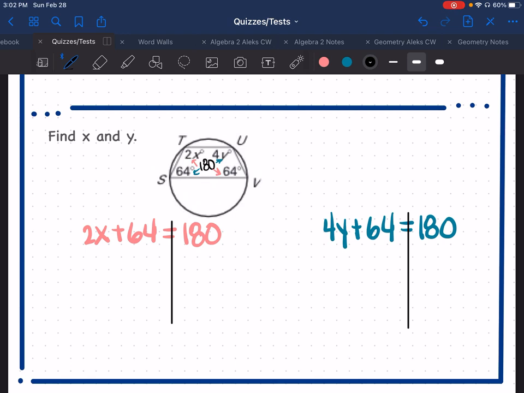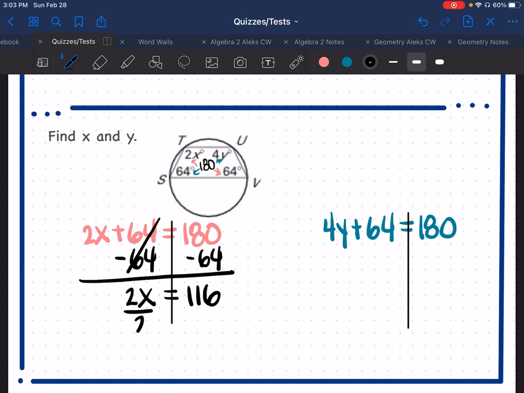There we go. So I'm going to go ahead and subtract 64. And then I'm going to divide that by 2. So 180 minus 64 is 116. I'm going to divide that by 2, which is 58.